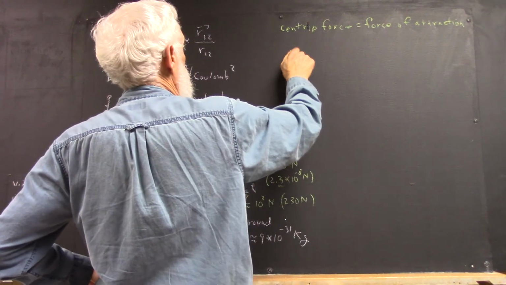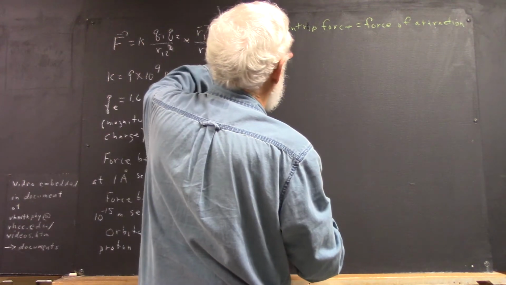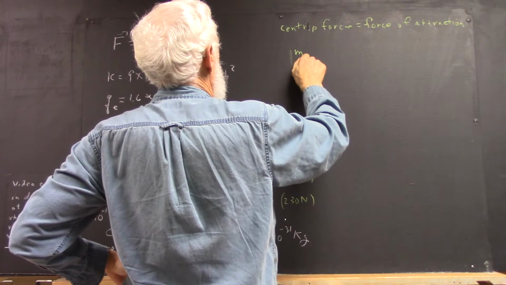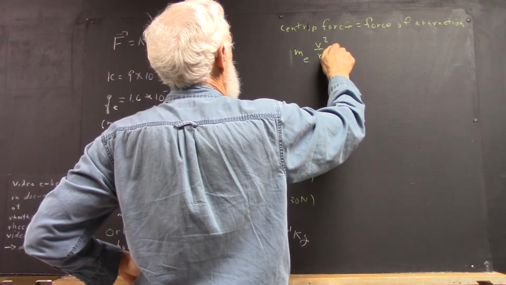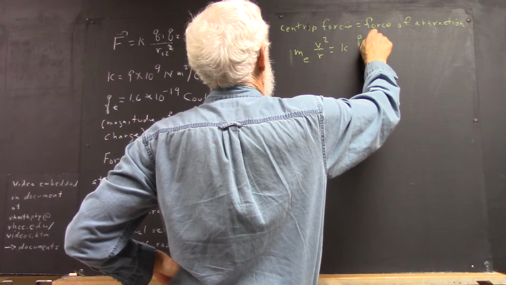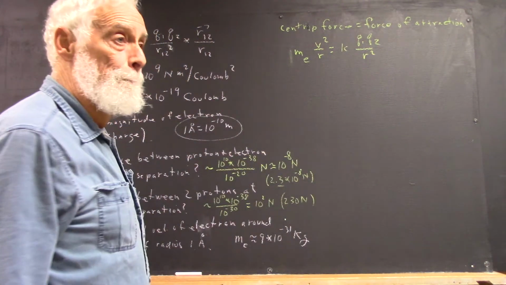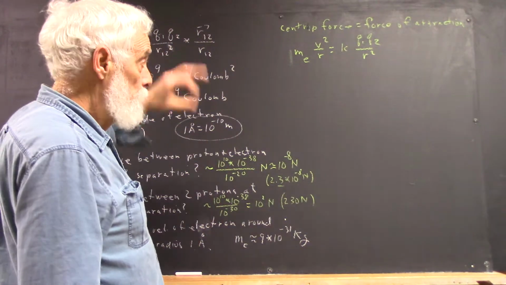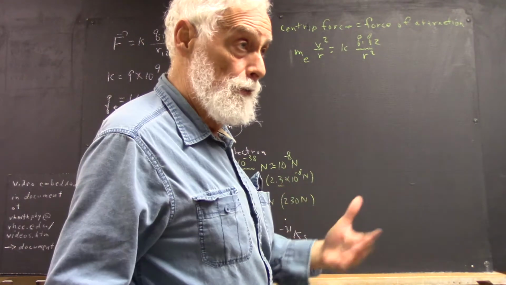So your centripetal force is going to be mass of the electron times v squared over r, and that's going to equal k q1 q2 over r squared. I'm not using an r12 because we're just talking about the radius of the orbit and magnitudes, okay?